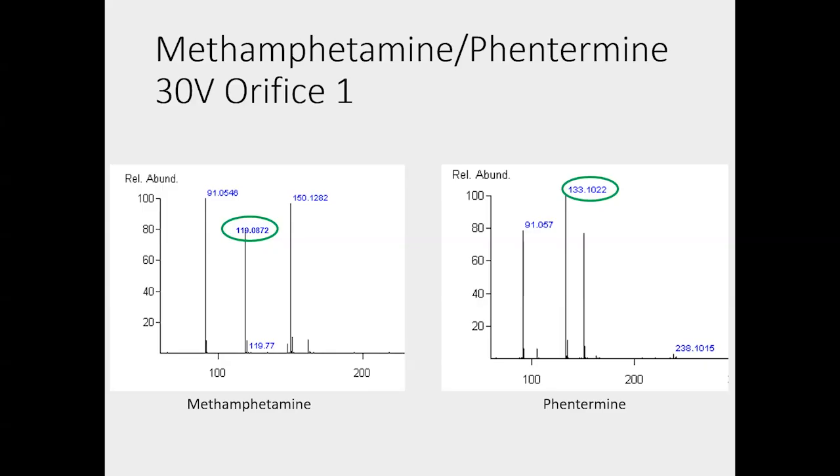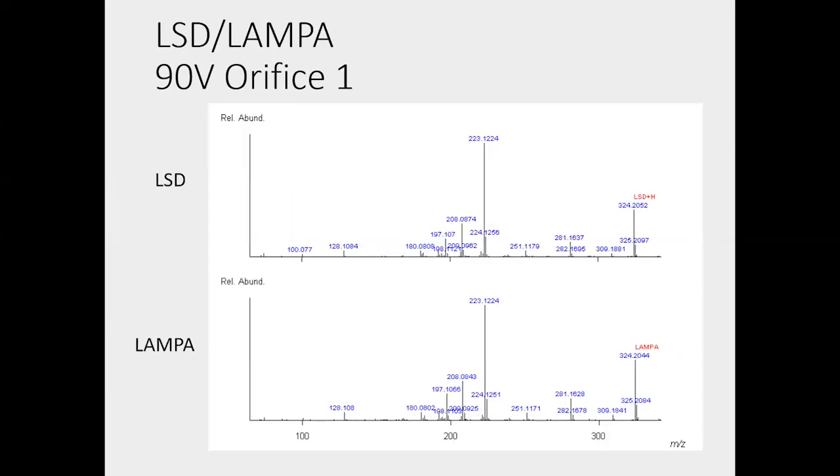So that was a pretty clear distinction between those 2 isomers. Conversely, for something like LSD and LAMPA, even at the 90 volt orifice 1 voltage, where you're going to get increased fragmentation due to collision-induced dissociation, the fragmentation was nearly identical. There are very few differences, and any differences that may have been present are not necessarily reproducible.